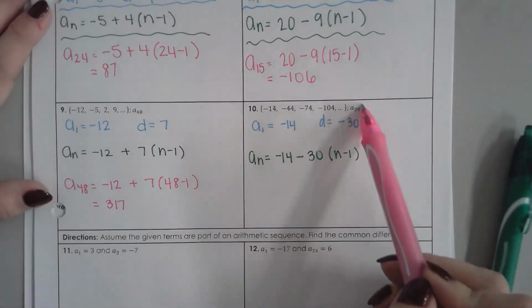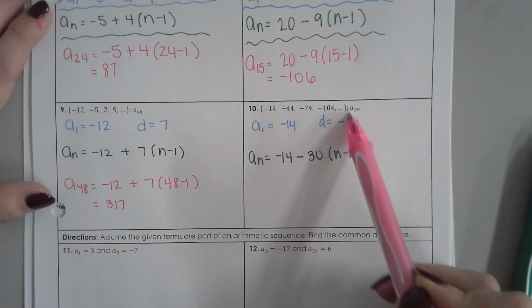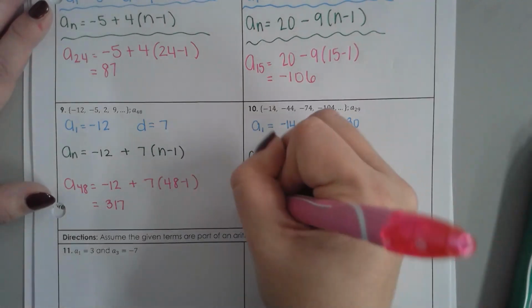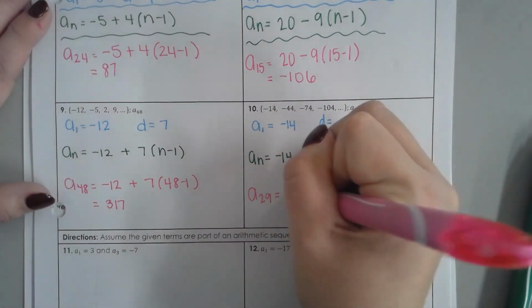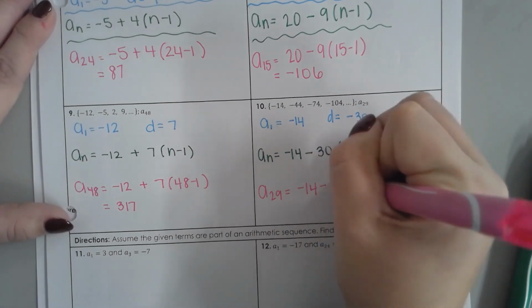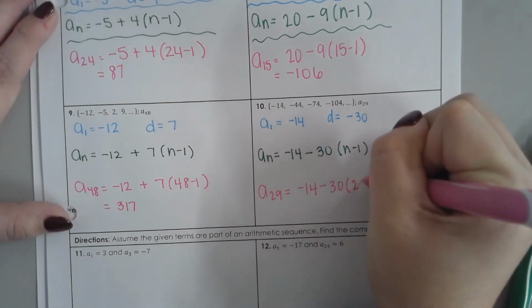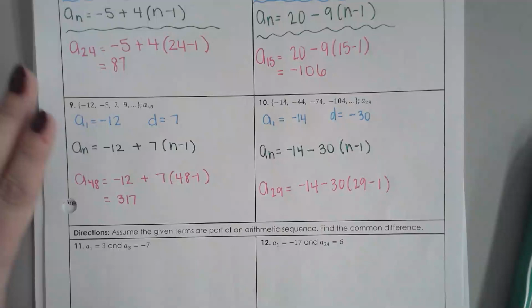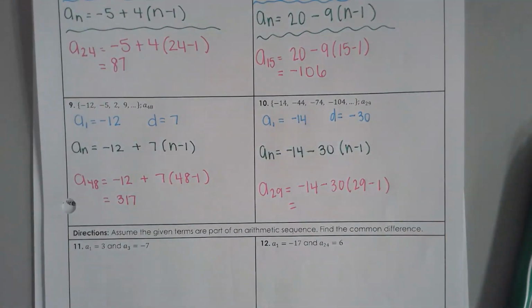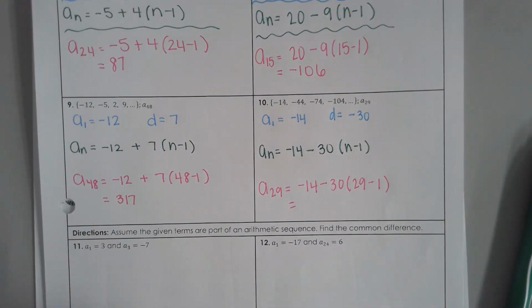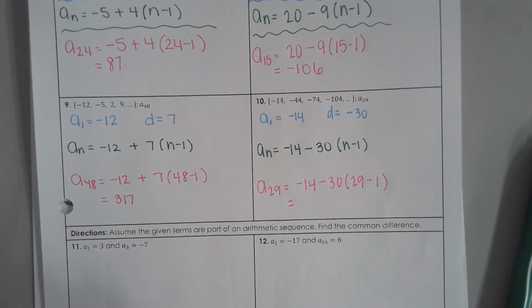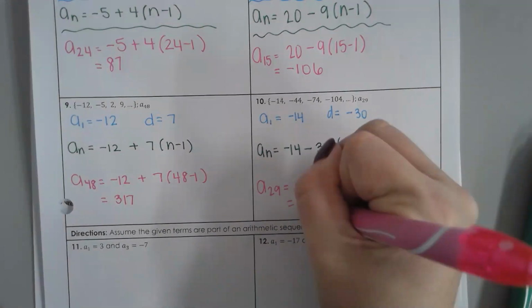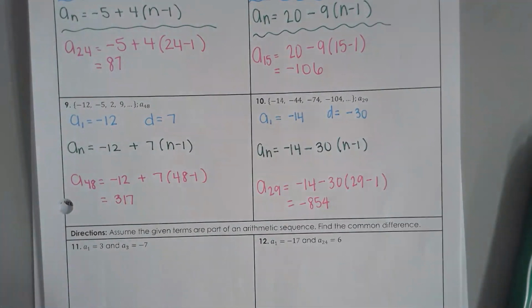And my problem asks me to find the 29th term, so I'm going to do A29 by putting a 29 in the spot of n. What'd you get? Negative 850. Negative 854? Mm-hmm. Does everybody agree? Awesome.